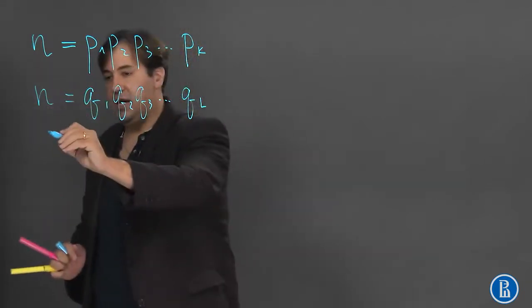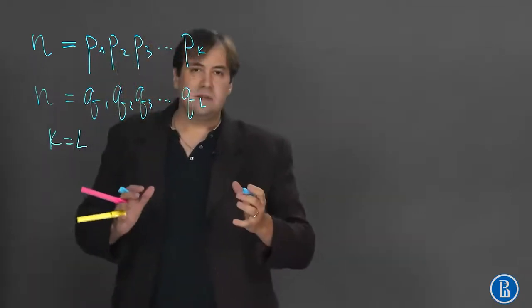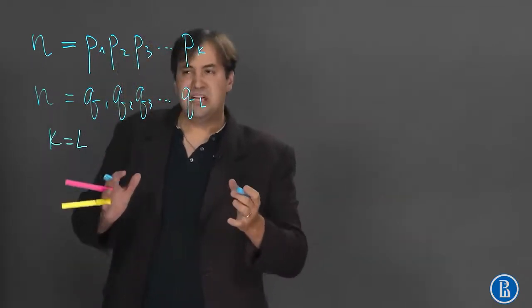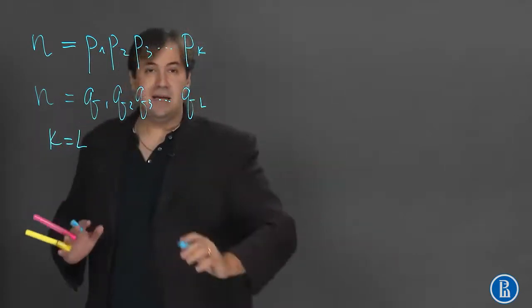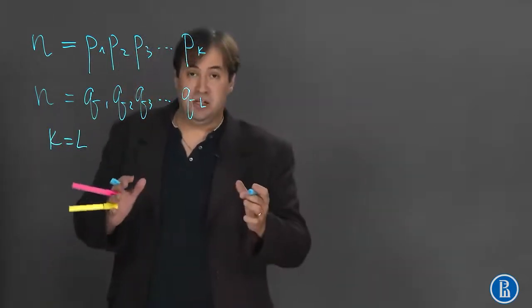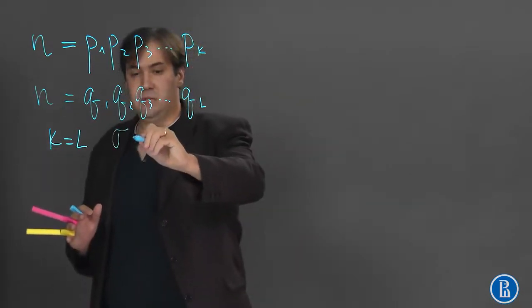Then the uniqueness of the decomposition means that, first of all, there are equal amounts of primes here and here, so k is equal to l, and also that there is a permutation, call it sigma.